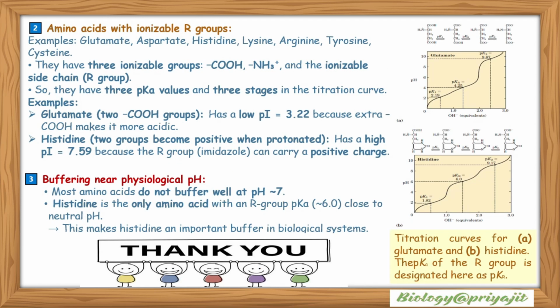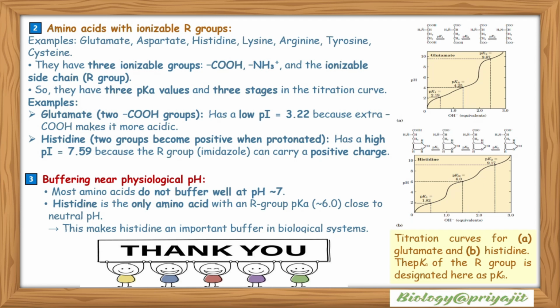Amino acids with an ionizable R group, examples glutamate, aspartate, lysine, histidine, arginine, tyrosine, cysteine, have three ionizable groups: the COOH, the NH3+, and the ionizable side chain or R group. So they have three pKa values and three stages in the titration curve.